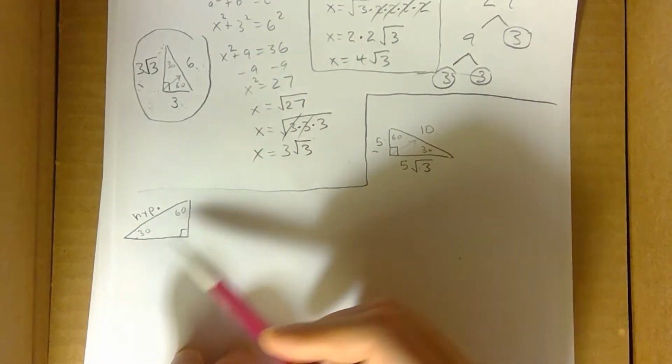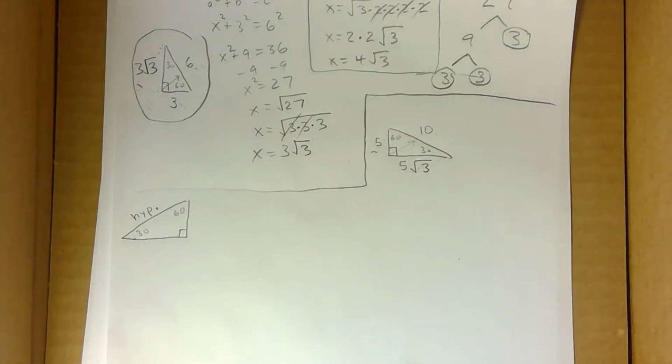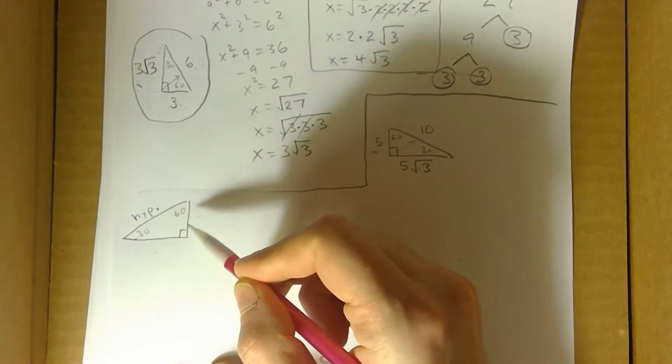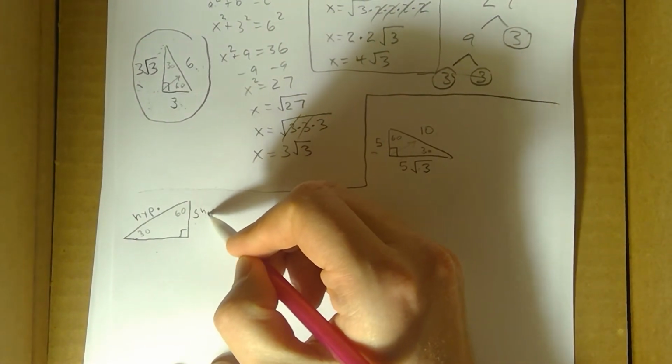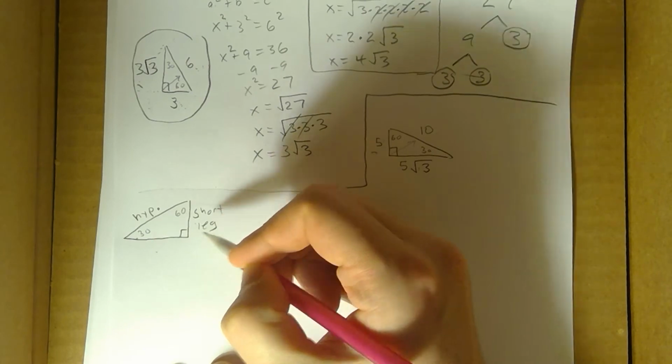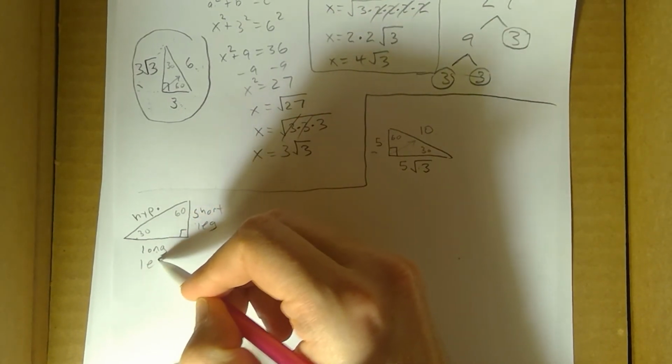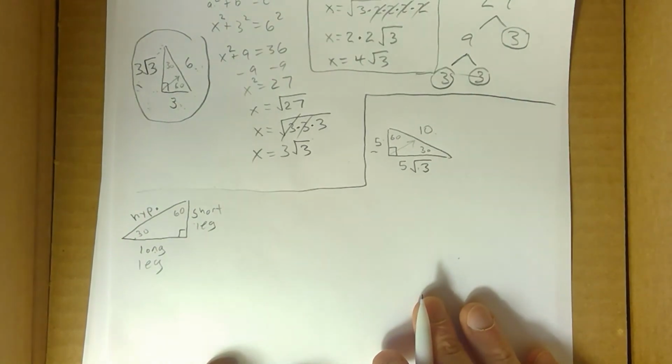And then you have to decide which one is the long leg and which one is the short leg. But it's fairly obvious because the short leg is shorter. It looks smaller than the long leg. So which one do you think is the short leg? If you guessed this one is the short leg, congratulations. You are correct. And this one is the long leg. Okay, are we okay with this so far?